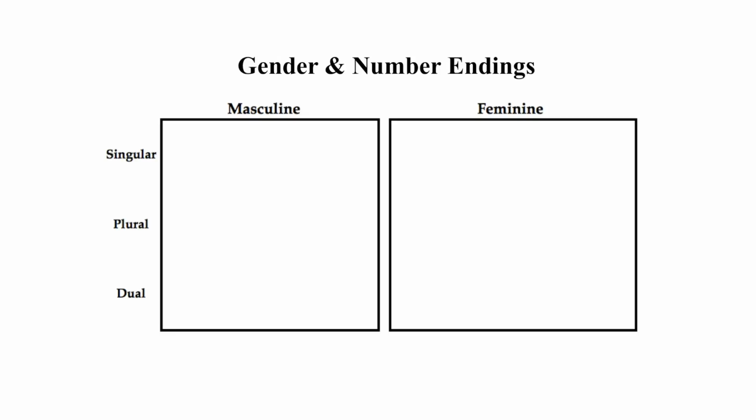We have masculine and feminine, and we have the singular, plural, and dual categories listed on the left-hand side of the page. For the purposes of illustration, I have put 3 boxes to represent any 3-consonant root. The reason that I'm doing this is because I want you to focus on the ending.